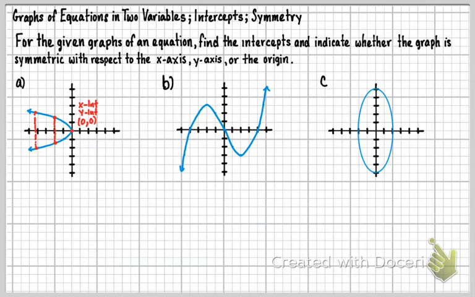So for this problem I would say this is symmetric with respect to the x-axis. That's how we actually tell.